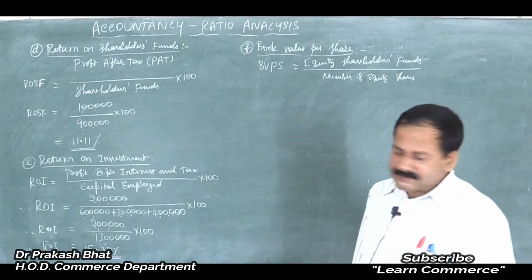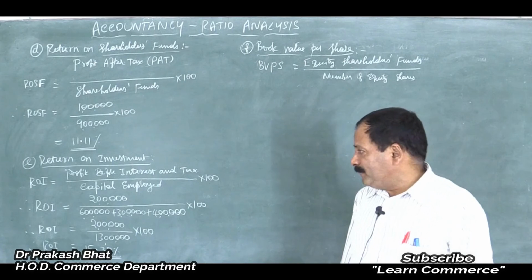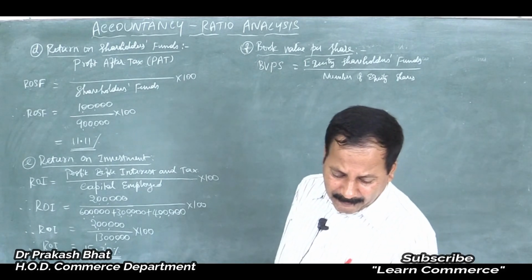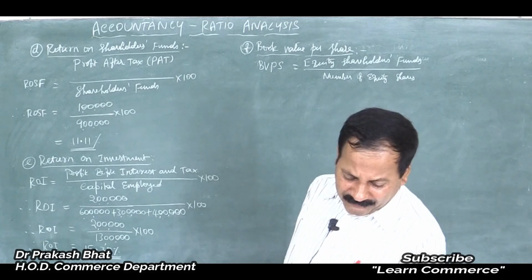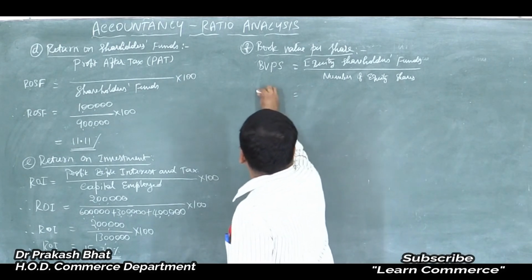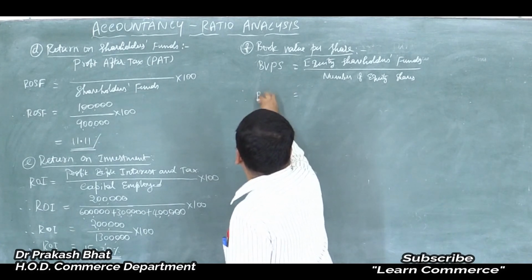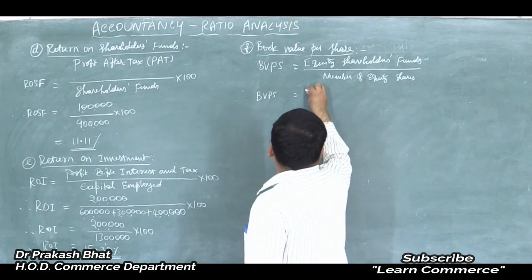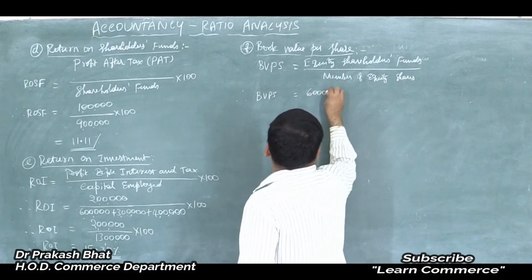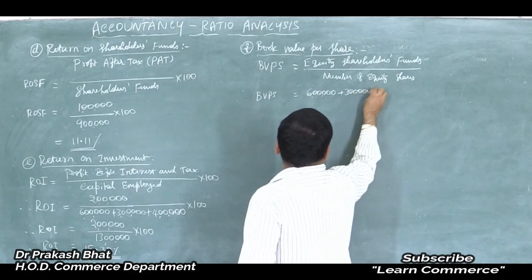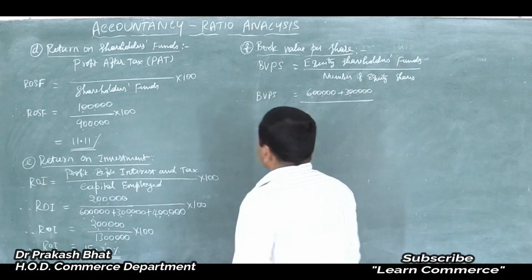See, shareholders funds, you know it very well: share capital 6 lakh and profit and loss account 3 lakh, 9 lakh, that is 6 lakh plus 3 lakh, divided by number of equity shares.